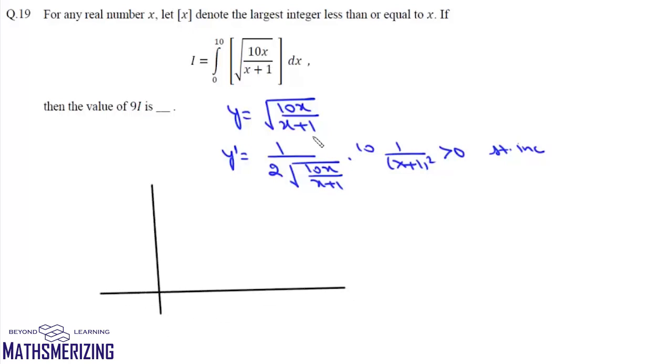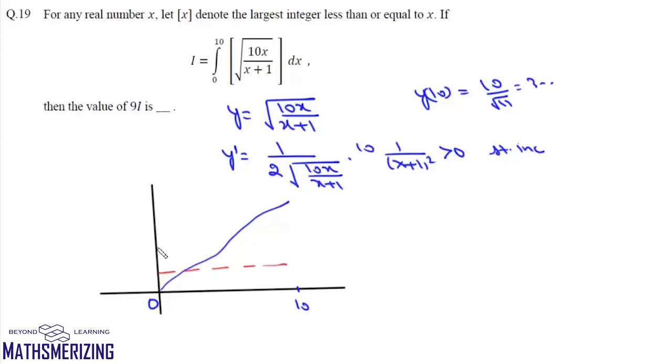Now at 0, this value will be 0, and at 10, this value will be 10 by under root 11, and that is 3 point something. So if we draw this graph, it will be some increasing function from 0 to 10. Now at 10, this value is 3 point something. For the transformation of the greatest integer function of x, we have to draw horizontal lines at integer points.